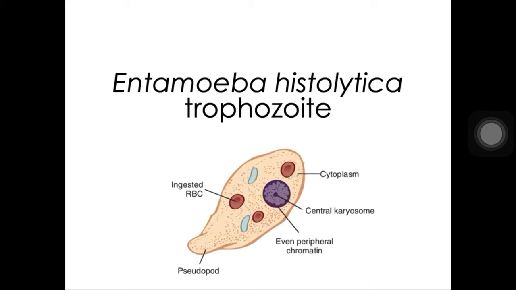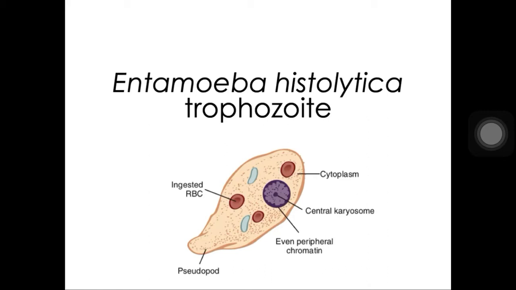But not all Entamoeba histolytica will contain ingested RBC. So if there are no ingested RBCs, the organism must be reported as Entamoeba histolytica / Entamoeba dispar, because Entamoeba dispar, a non-pathogenic amoeba, will also have a similar morphology to Entamoeba histolytica.